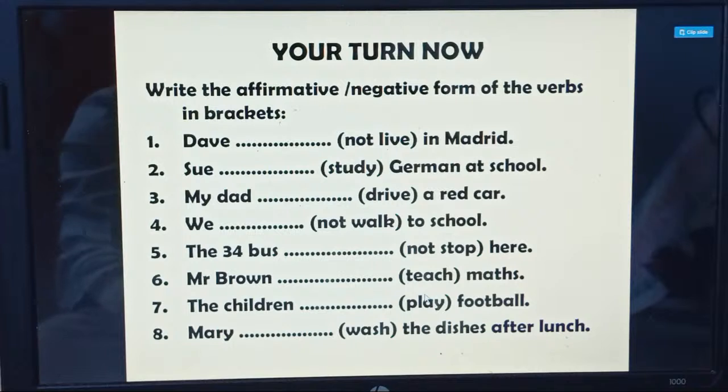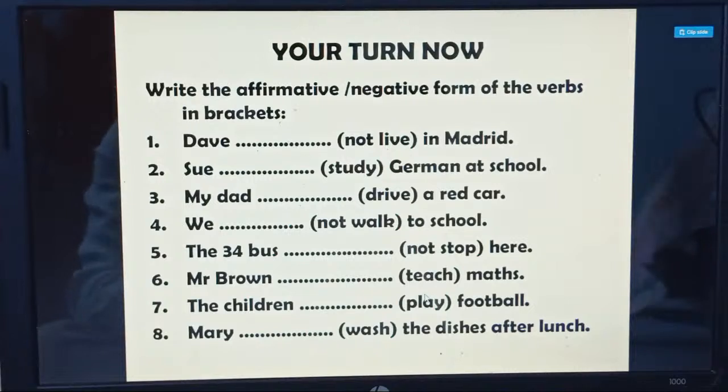The children play football. Next one, Mary, so single person, wash the dishes after lunch. So how do you answer this? Mary washes the dishes after lunch.